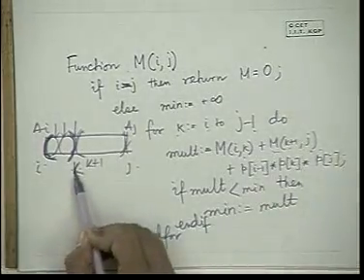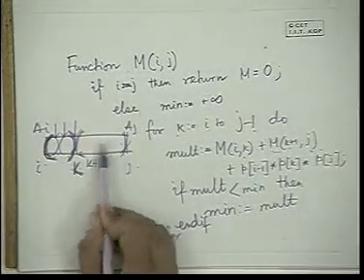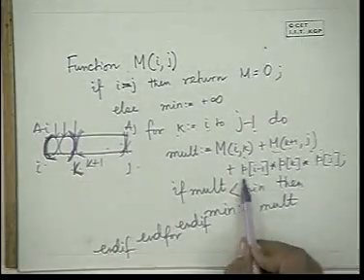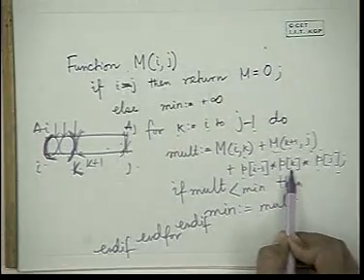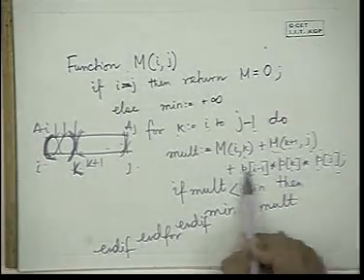Suppose k is the one you have taken, then after you have got back these two results, you have to multiply the two results to get the final solution for i and j. So that multiplication will take this much: p i minus 1, pk and pj. That's what we are doing here.